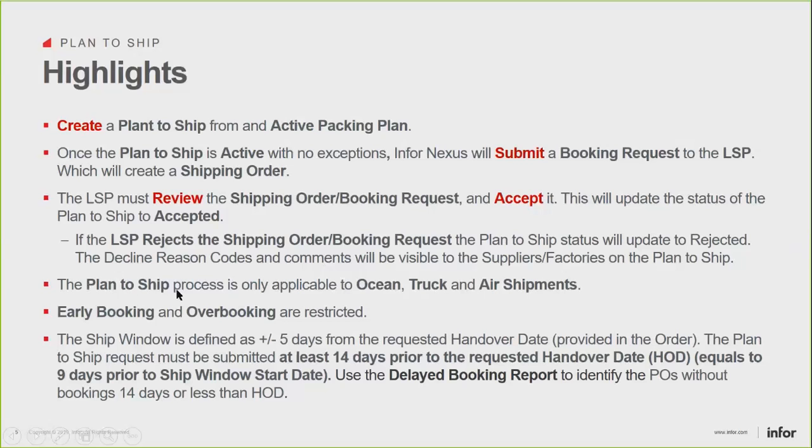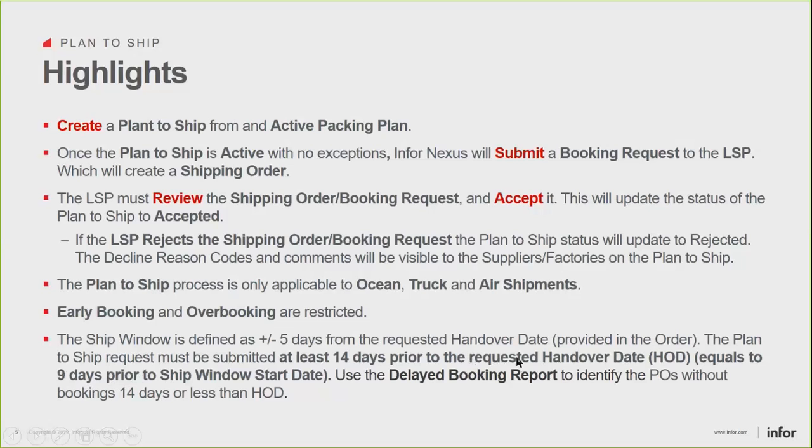The plan to ship process is only applicable to ocean, truck, and air shipments. Early booking and overbooking are restricted. Suppliers or factories are required to submit a plan to ship in the system at least 14 days before the requested handover date, which equals 9 days before the ship window start date.